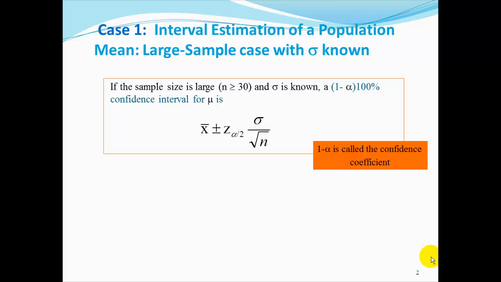Up to this point in this course, everything in this formula should be very familiar to us except for the concept of z alpha over 2. In a previous section, we learned how to compute a sample mean. n is simply the size of the sample, and for this case, sigma would actually be given.